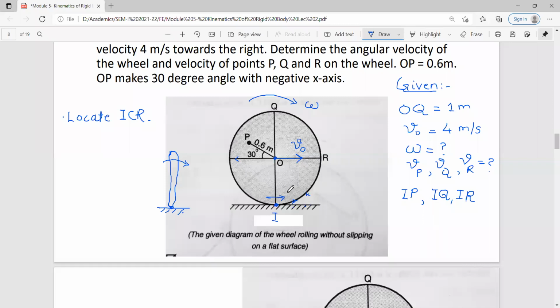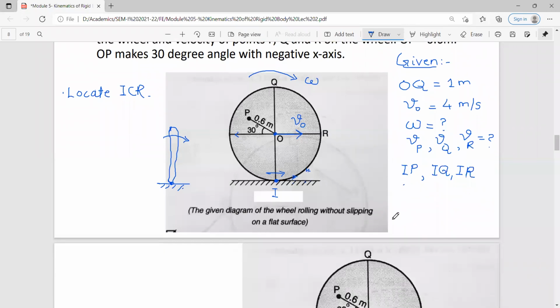So that's why sudden brake situations should be avoided, but it is required sometimes. Okay, so have all of you noted it down? Yes, sir. Okay, so now our job, our target is to find out all the radii, IP, IQ, IR.